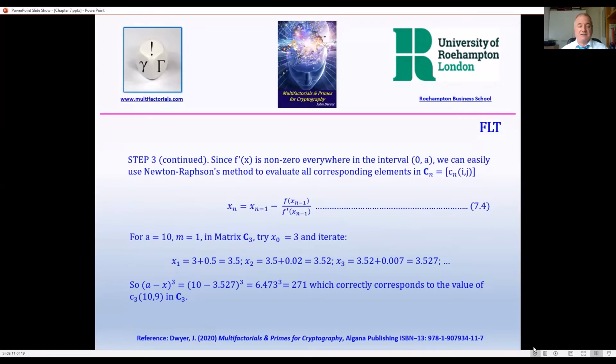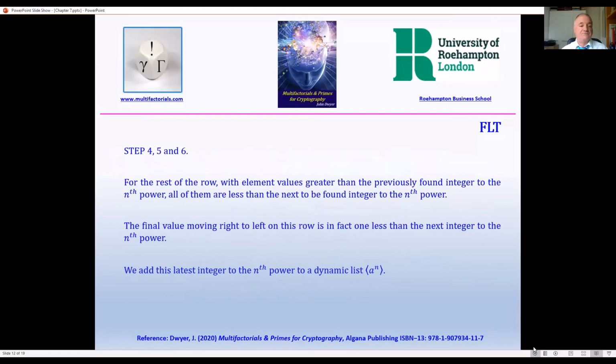And there's an example with a equal to 10, m equal to 1, and n equal to 3, C3. And that correctly gives the element on that particular row and column. As we proceed along the row, right to left, we can see that no values can possibly be an integer to the nth power.